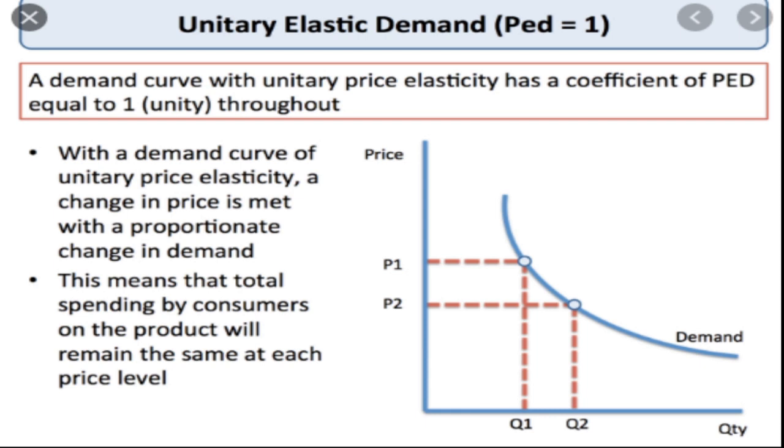That means if price changes by 10% and quantity demanded changes by 10%, then the change in price and the change in quantity demanded is the same. So we can say this is unitary elastic demand, and in this case the coefficient of elasticity of demand is equal to 1, exactly 1.